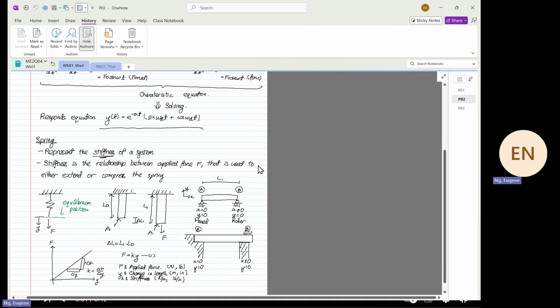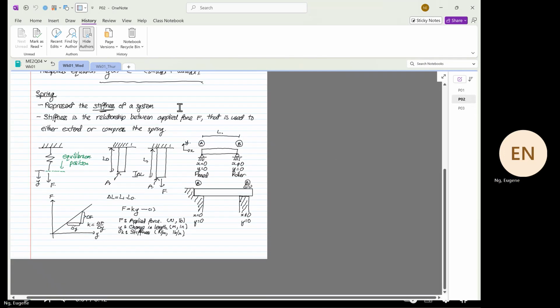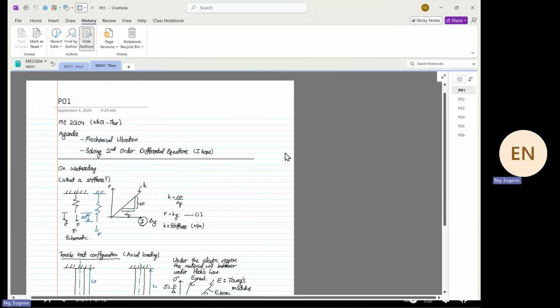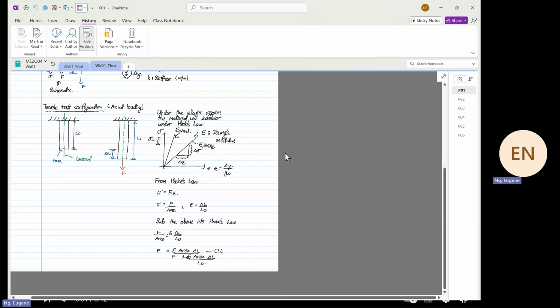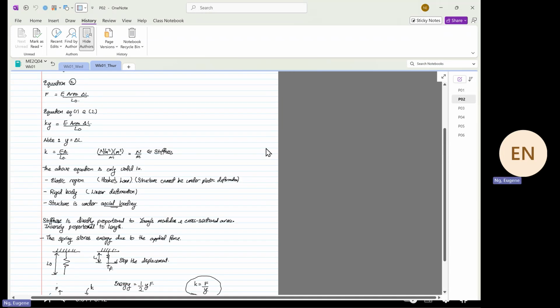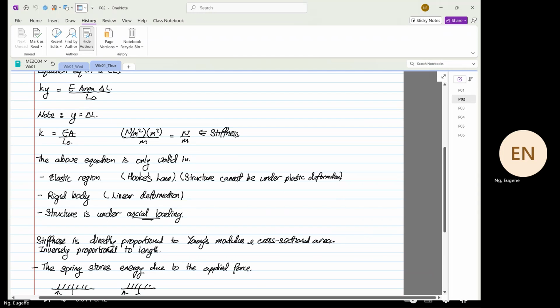Did we write this out somewhere, yes or no? It is here, and then we went here, and then he kept on blabbing, and I don't know what he's blabbing about, right? And then we reach here, right? Can you all see here? AE over L, yes?